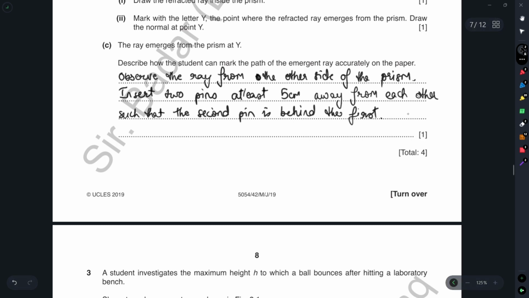All right, and then remove pins and draw a line.